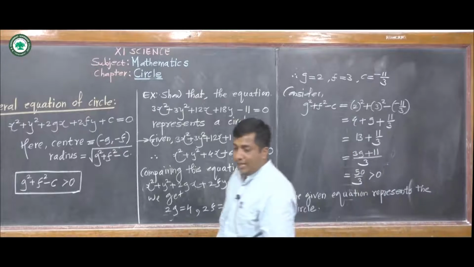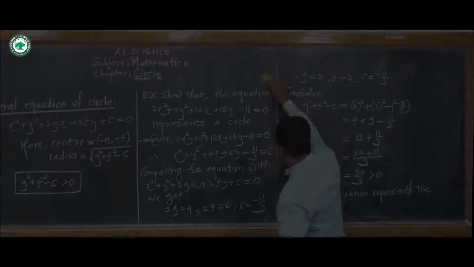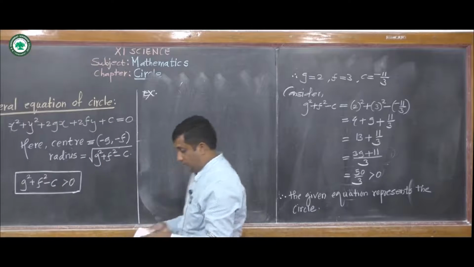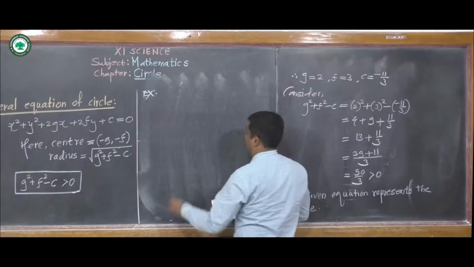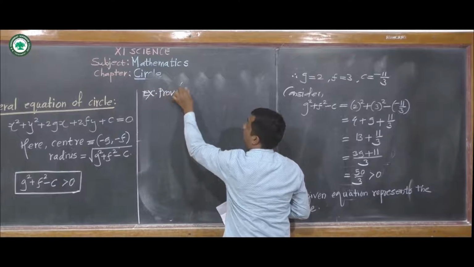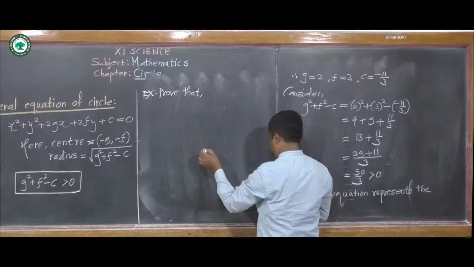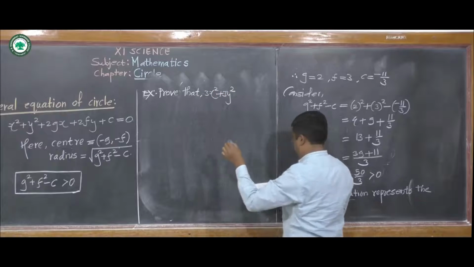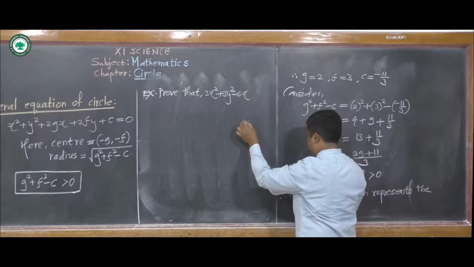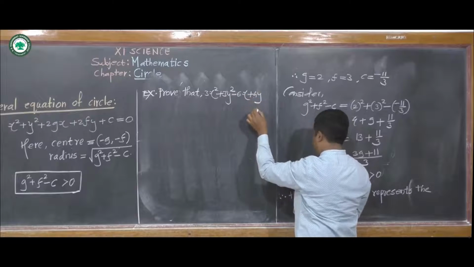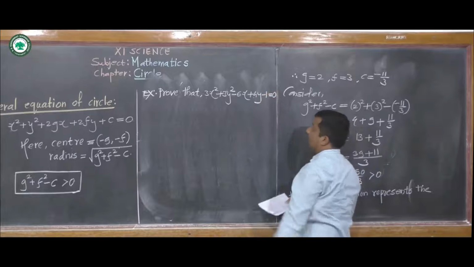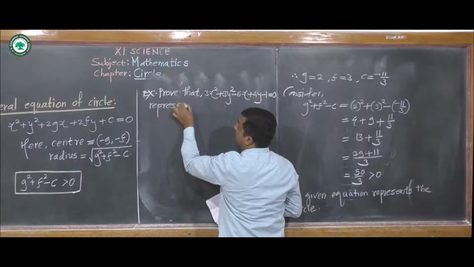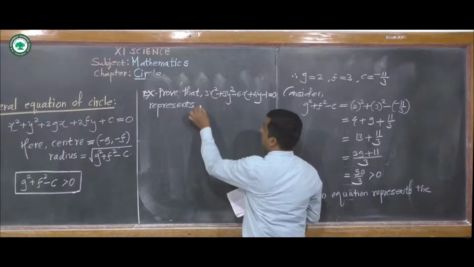Let us consider one more example for this part. Example: prove that 3x square plus 3y square minus 6x plus 4y minus 1 is equal to 0 represents a circle.